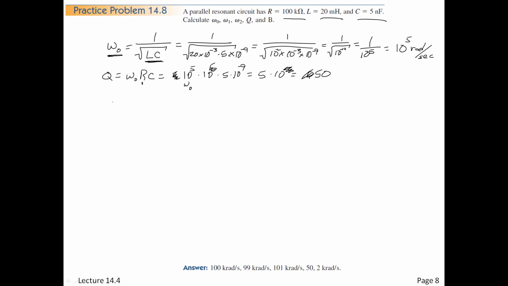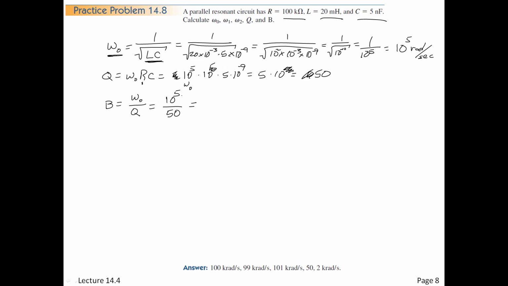Okay? And then the bandwidth, right? Our bandwidth is going to be, quite simply, omega 0 over that Q. So that is 10 to the 5th over 50. All right, so what does this equal?